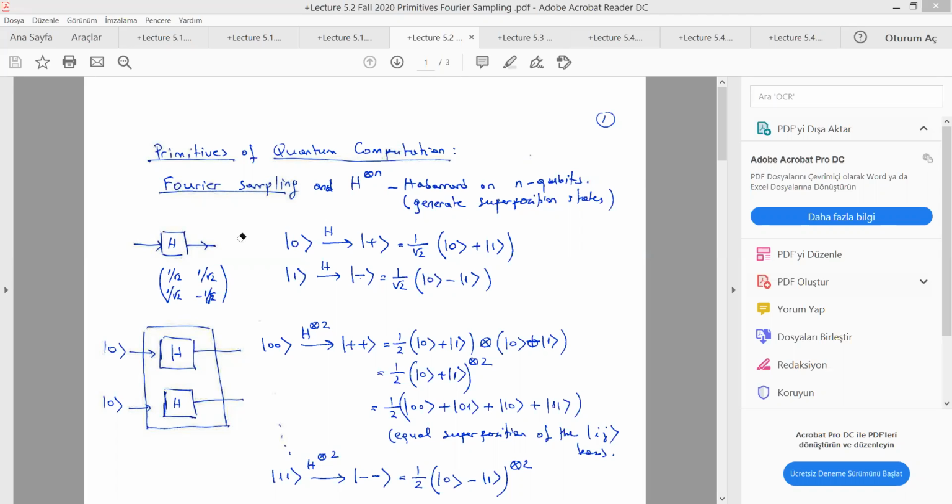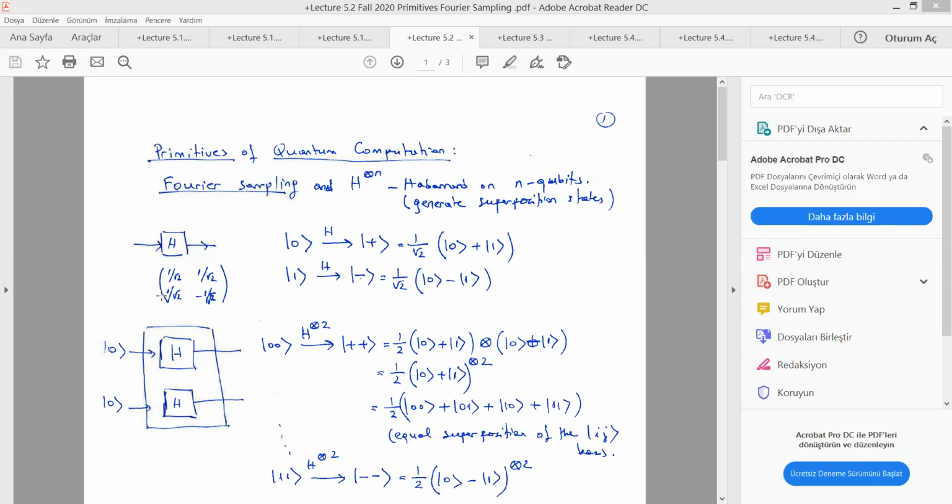Let's start with a single qubit and a single Hadamard gate. As we have seen, the unitary transform for this kind of gate would be 1 over square root of 2, 1 over square root of 2, 1 over square root of 2, minus 1 over square root of 2.